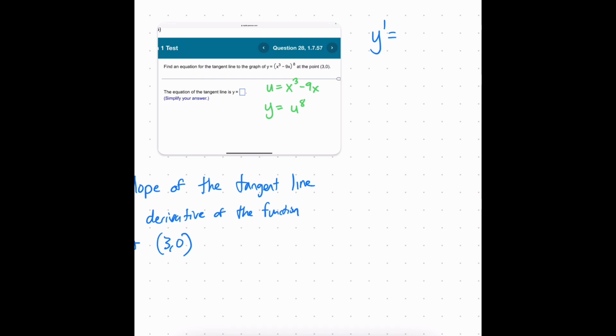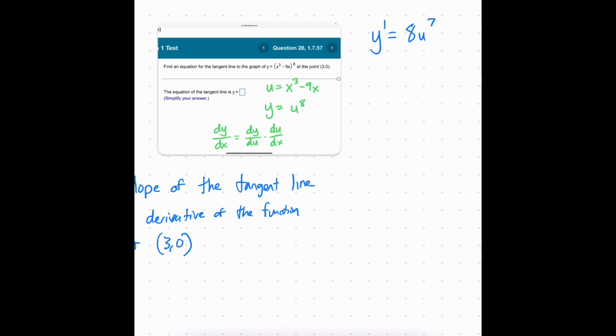So, the chain rule, if you remember, if I want to know the derivative of y in terms of x, then I can do the derivative of y in terms of u times the derivative of u in terms of x. So the derivative of y in terms of u, I get 8u to the 7th.